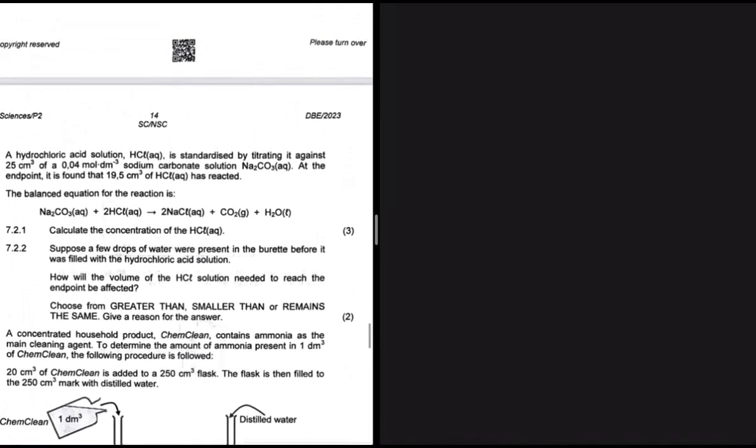Right, so if we do that, you're going to find that in 7.2.1, we are told that a hydrochloric acid solution, HCl, is standardized by titrating it against 25 centimeter cube of a 0.04 moles per decimeter cube sodium carbonate solution. Right, so let's go ahead and jot that down, because the formula that we're going to use should be guided by the variables we have.